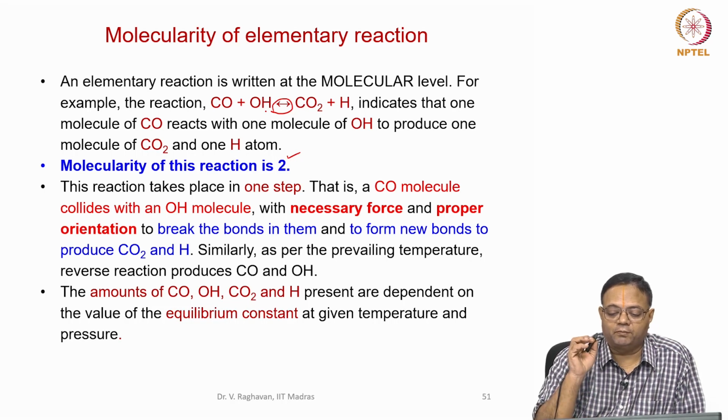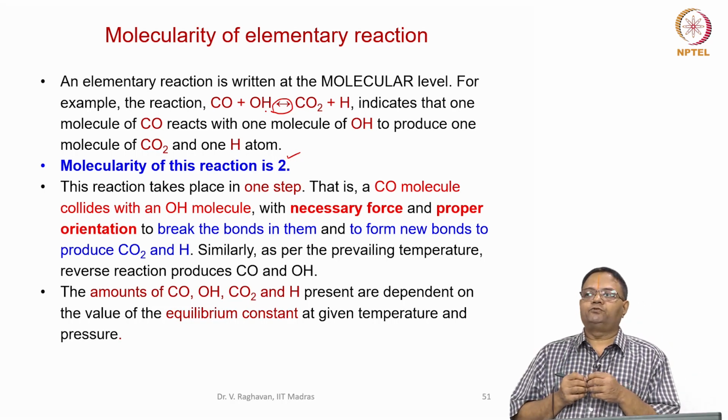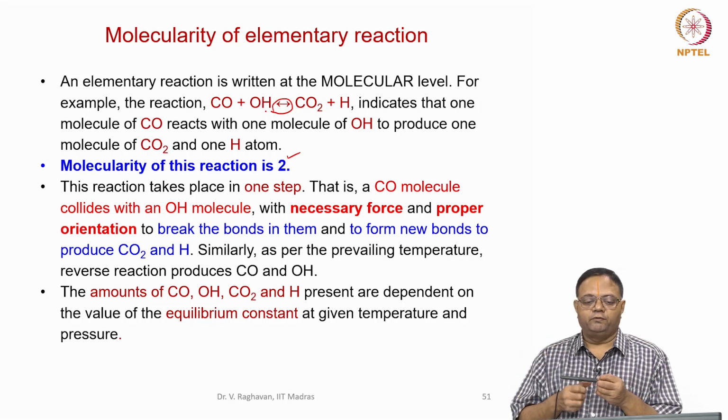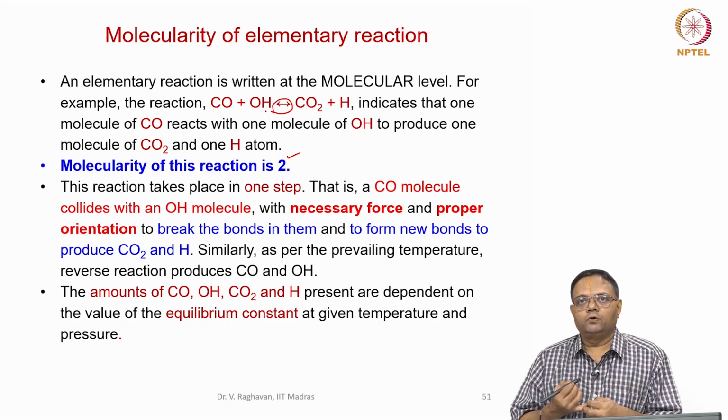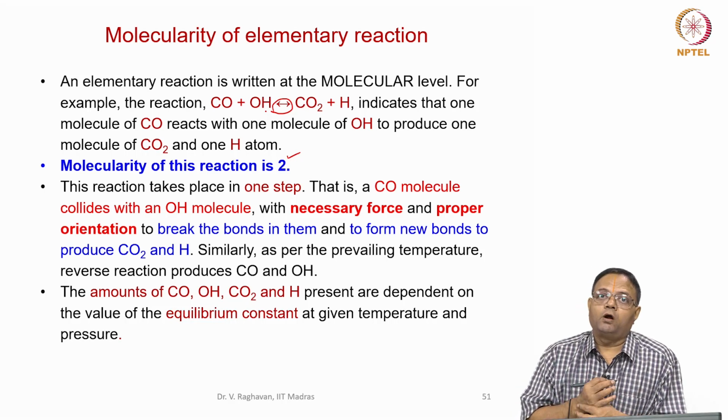This reaction will take place in one step. So, what is one step? In a particular collision between, say, CO and OH, one bond can break and one bond can form.